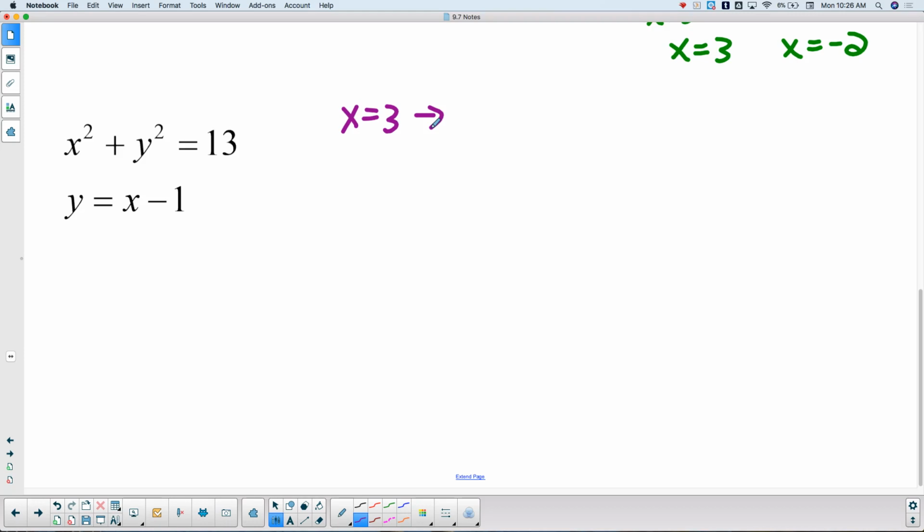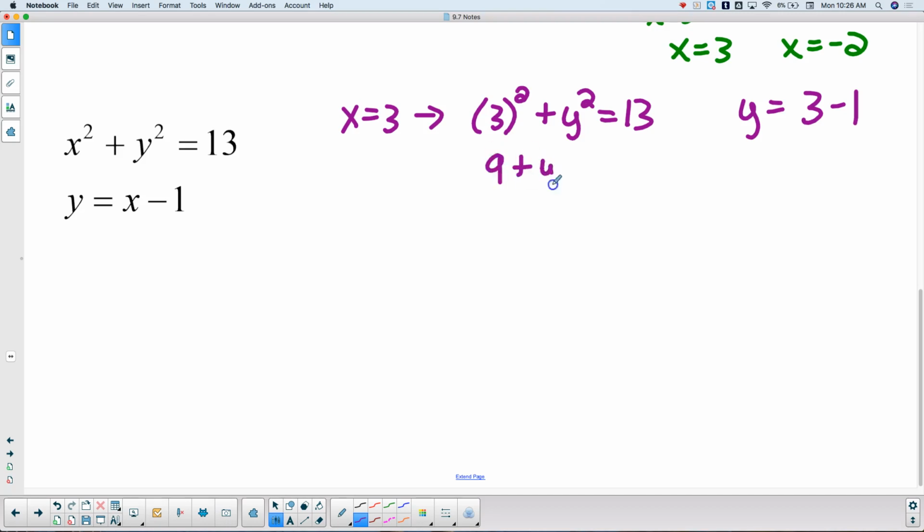Okay? So if x is equal to 3, then I get 3 squared plus y squared equals 13. And I get y equals 3 minus 1. 3 squared is 9. So this is 9 plus y squared equals 13. Subtract 9 from both sides. y squared equals 4.